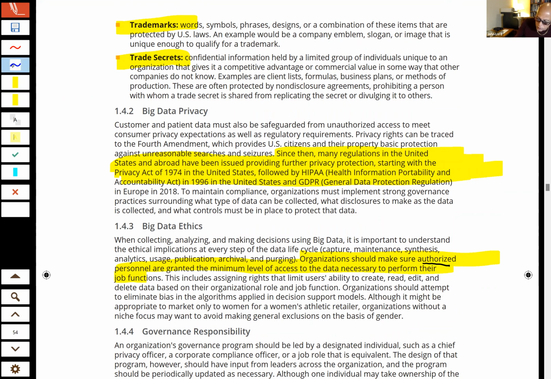And you would think, oh yeah, we don't want to provide minimum level. Yeah, you do. You want to provide minimum level, even though the individuals are authorized. What is the minimum level of data they need to perform their job function? So go ahead and flashcard that. That is an ethical consideration.